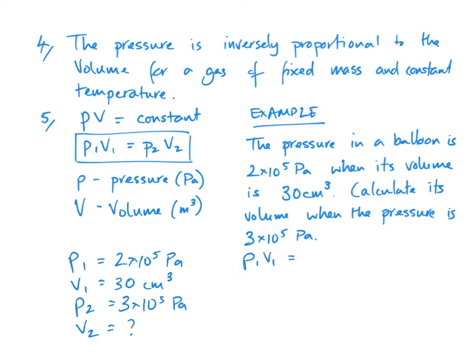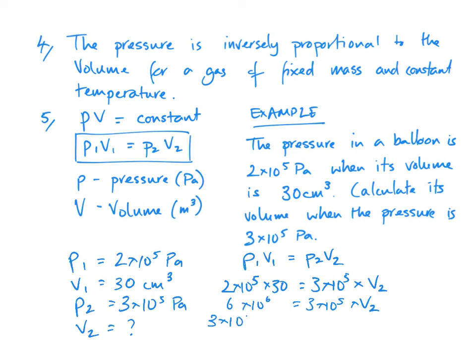So our formula, P1V1 equals P2V2, and then just substitute in their numbers. Okay, do what arithmetic you can, so we'll do the 2 times 10 to the 5 multiplied by 30. Then swap sides over to get V2 over on the left hand side.